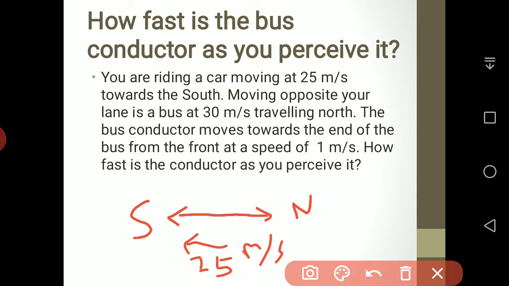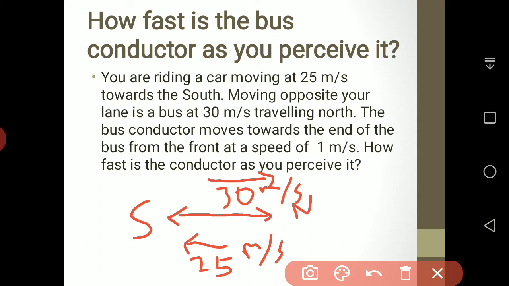So, yung bus naman na yon ay 30 meters per second. The bus conductor moves towards the end of the bus from the front at a speed of 1 meter per second.